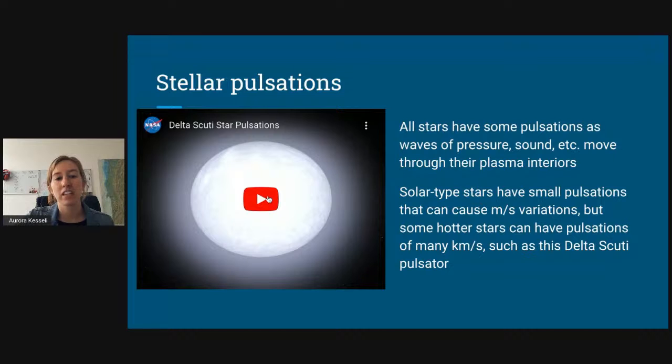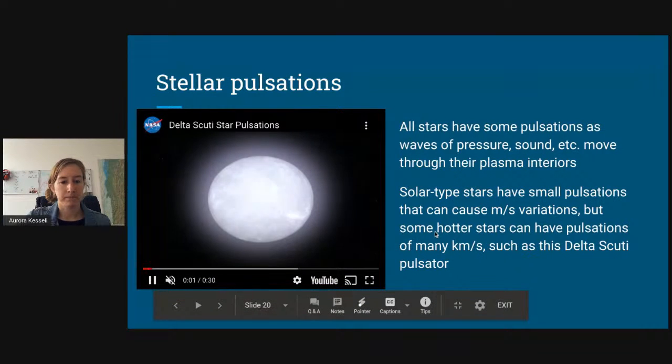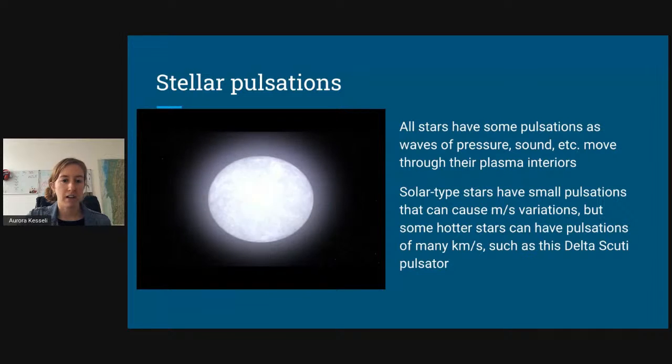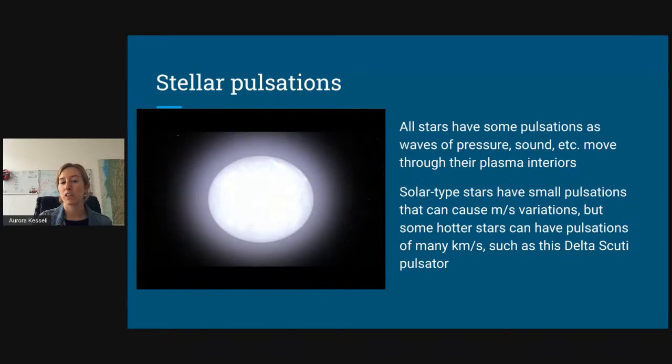So this is a video of this particular type of pulsator. It's called a delta Scuti pulsator. I don't have the sound going, but I just wanted you to look at this artist's impression of what a delta Scuti pulsator would look like if we were looking at it up close.